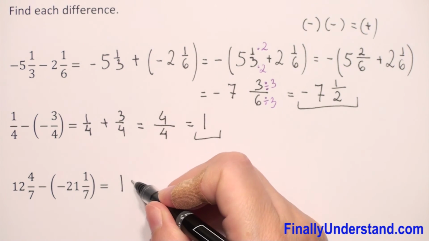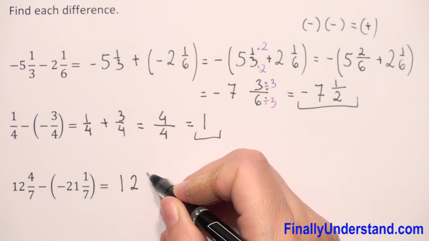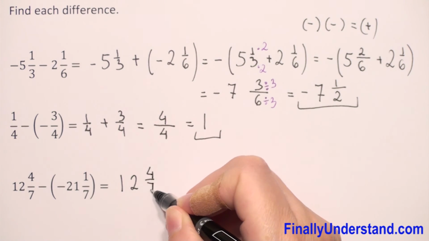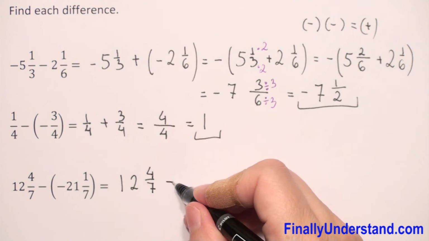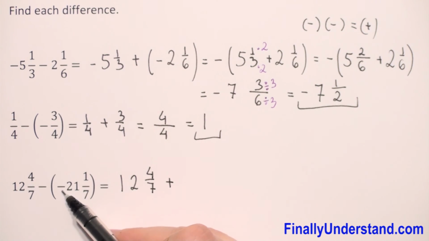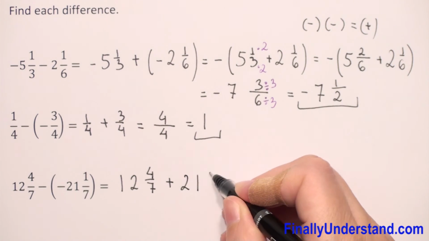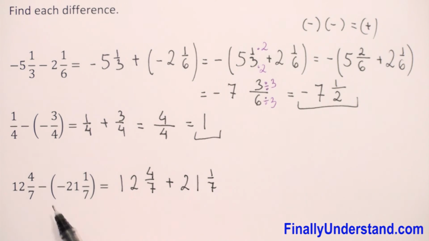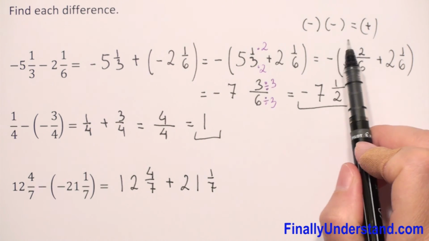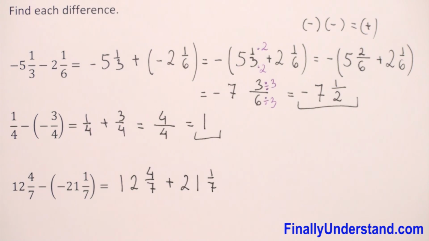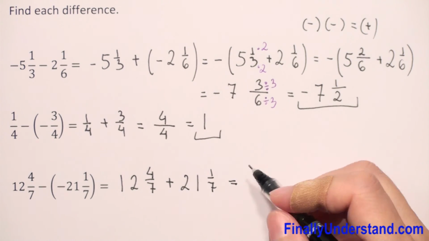So we copy the first number, 12 and 4 over 7. We add the opposite, so negative 21 and 1 over 7 becomes positive 21 and 1 over 7. Or memorize, negative and negative is positive. So we have a positive sign only. So this is equal.